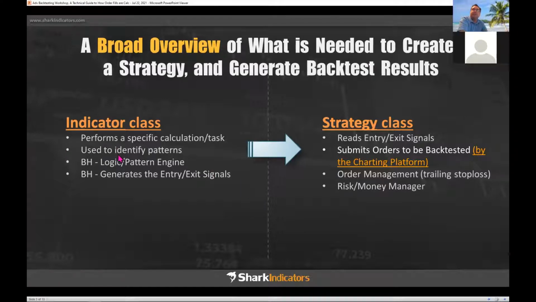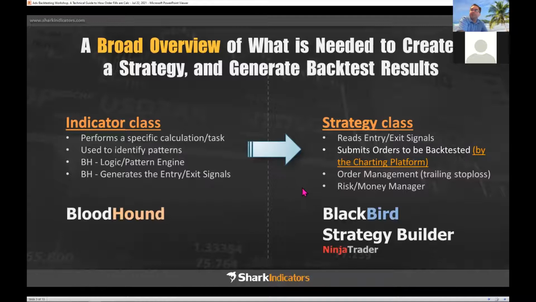So again, the indicator class is just supposed to be a clean mathematical class for doing simple mathematical functions. And the strategy class is what has all that overhead layer of software to track and manage orders and things like that, right?